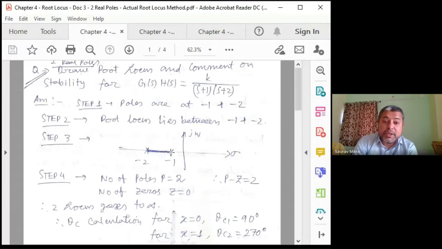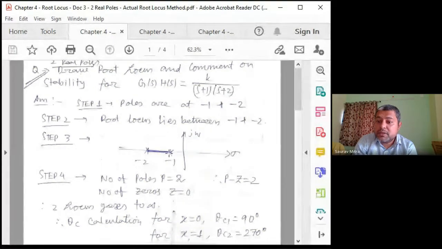Whenever you are calculating poles and zeros, you always have to consider the pole at 0. Suppose there are two other poles at -0.5 plus j and -0.5 minus j, and complex conjugate poles always appear in conjugate pairs. If I am asking whether -1.5 is on the root locus, yes or no, check to the right side.